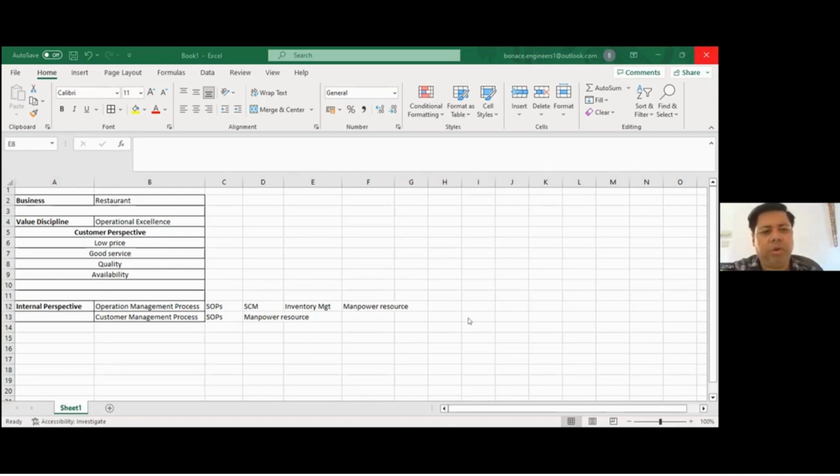Again, ma'am, in customer management process also we were finding SOPs again will be one of the parts wherein efficiency and productivity will matter to cater to wastage management, wherein we'll waste less and should be able to maintain the cost of the food, the prices.